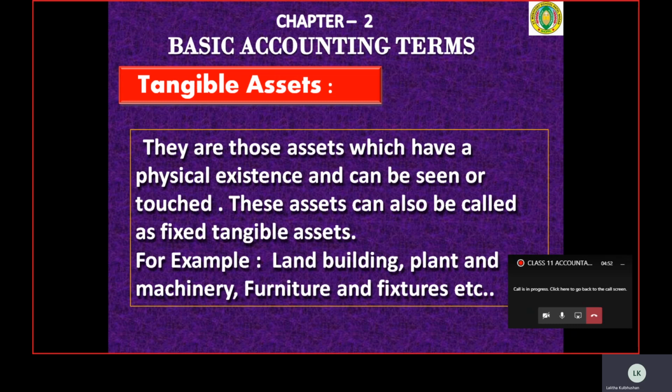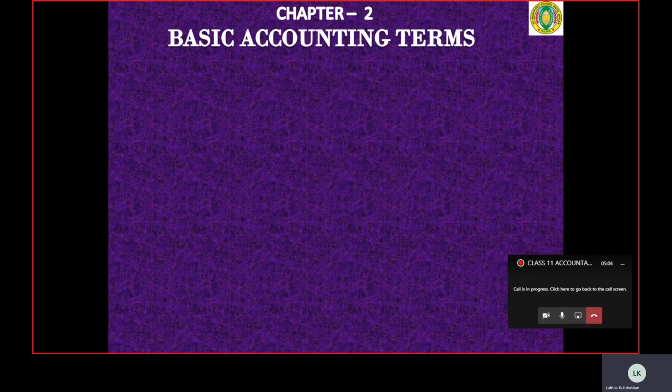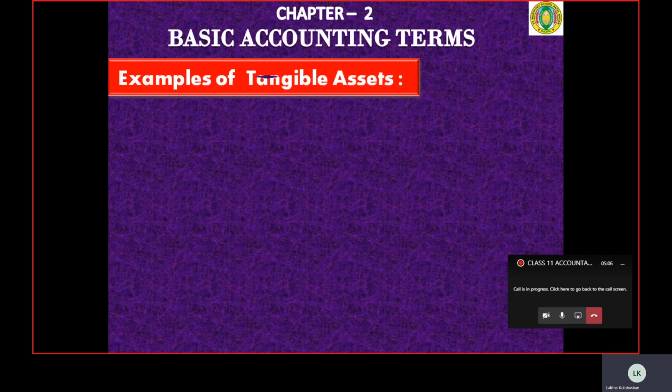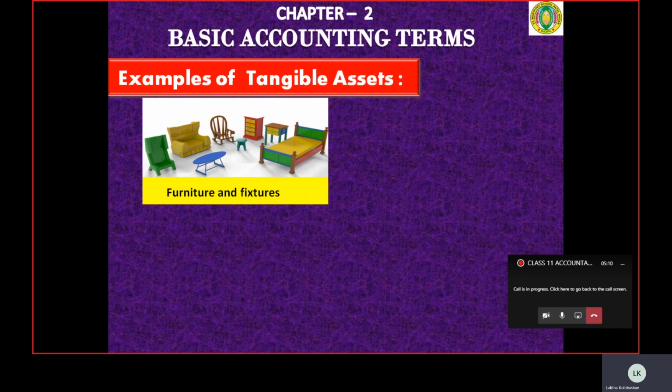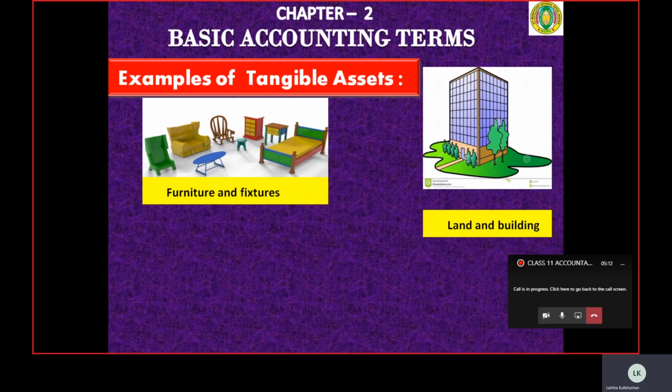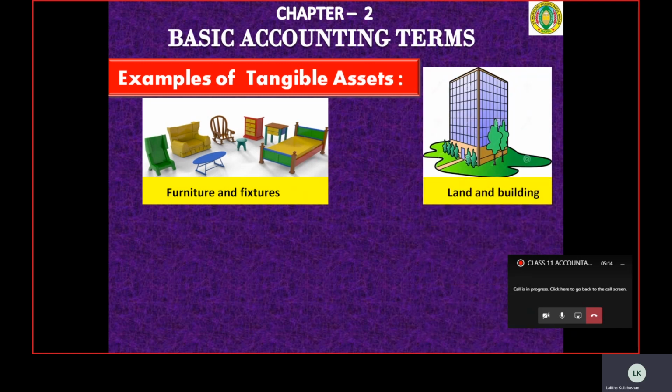So don't get confused with the examples. The examples of the tangible assets will be the same as for the fixed assets, as well as for the non-current assets. Let's deal here with some examples like furniture and fixtures.